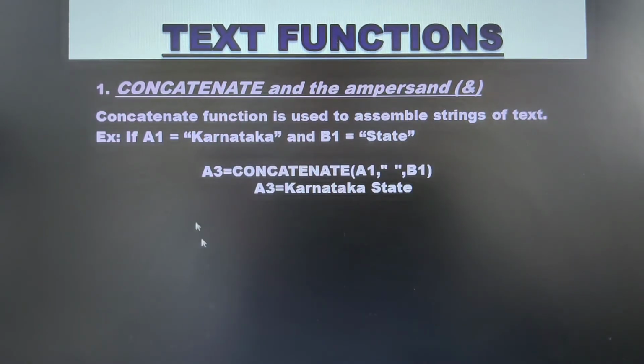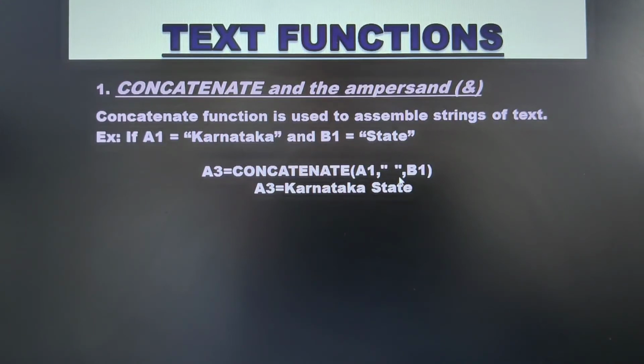See here, in A3 I'll place the cursor and write this function, that is equals to concatenate, A1, that is Karnataka, comma, then the double quotes I gave, and then here I gave a blank space. That means when the two different strings are combined together, I want a space in between them. That is the reason you give the double quotes. Or you can just give A1 comma B1, and you will get Karnataka state without any gap.